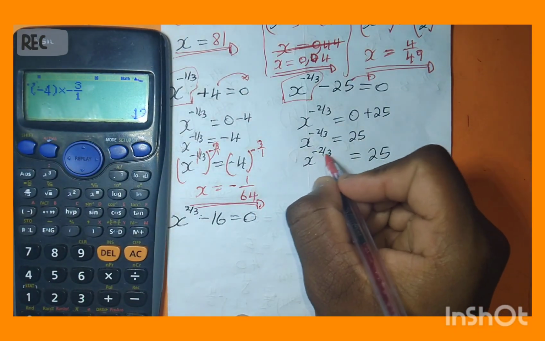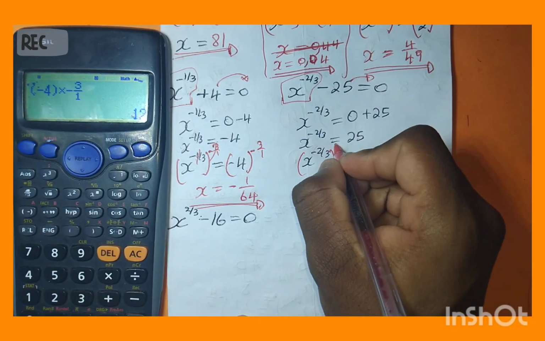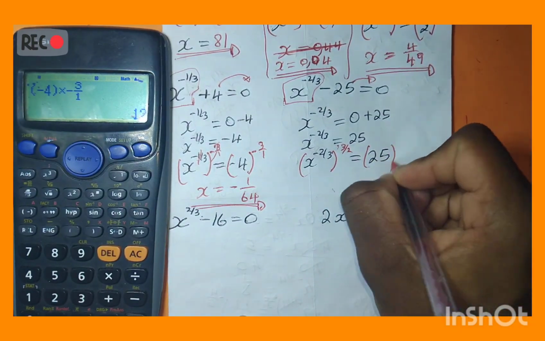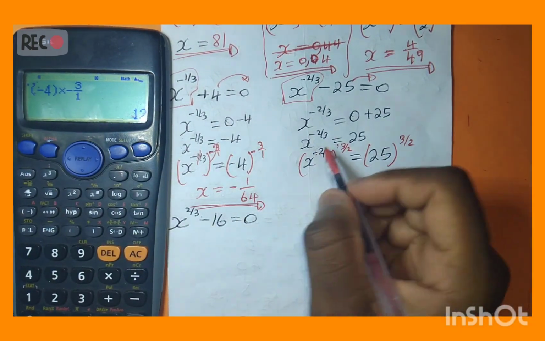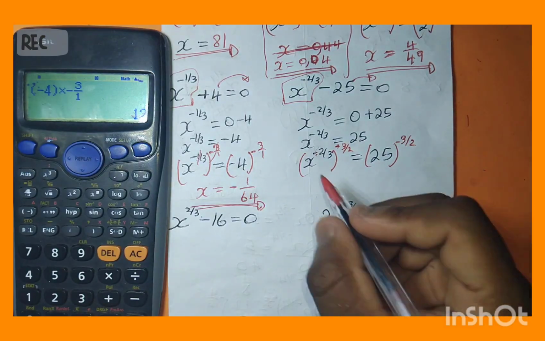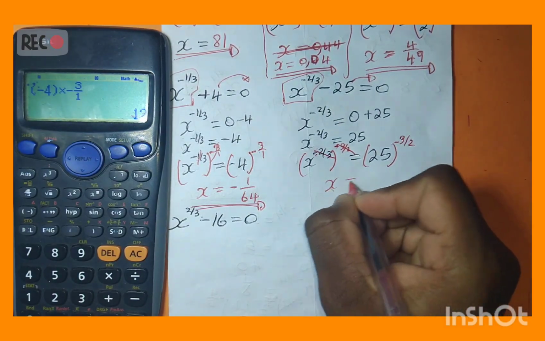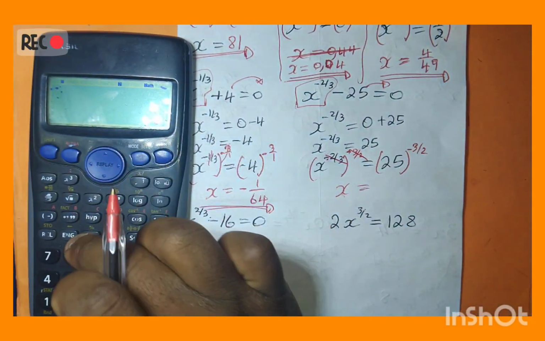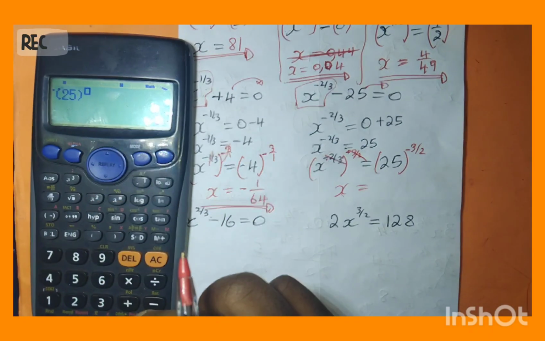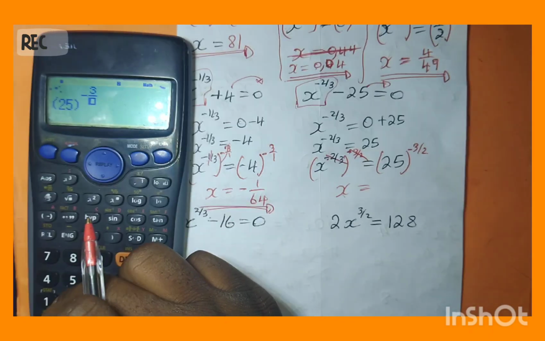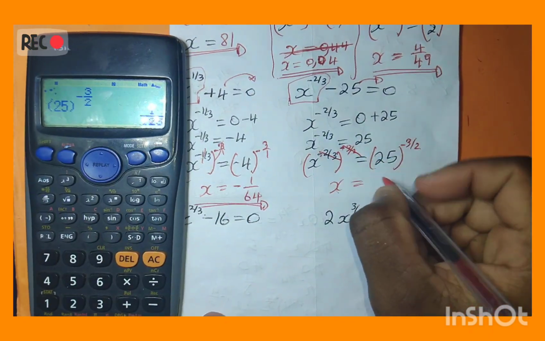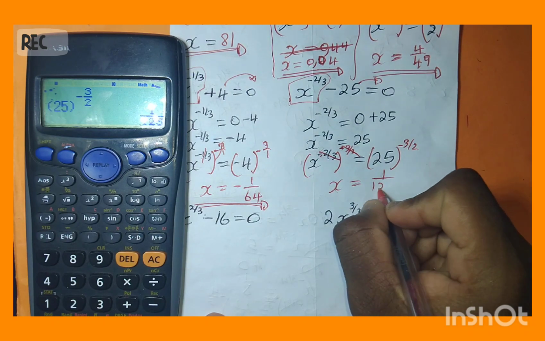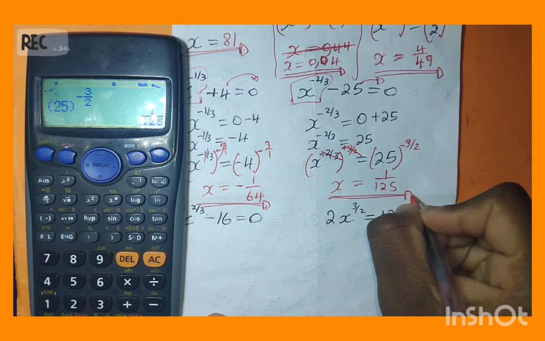Meaning I can take the opposite of this on both sides. It's 3 over 2, 3 over 2. And there I got negative. These will get cancelled. I'm left with x. Pressing this down on my calculator, this is what I will have there, 3 over 2. Meaning that I will get 1 over 125 as my final answer.